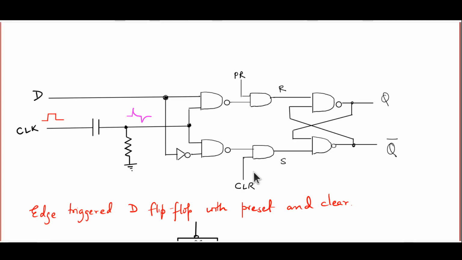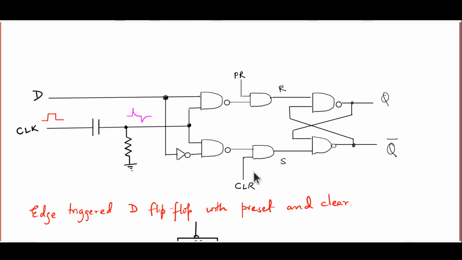Now, in order to really start operations, there should be a way of setting some of these flip-flops to the desired high level and some other flip-flops to a desired low level. Irrespective of what the D signal or the clock signal is doing, at some instant of time you have to start with a definite state.